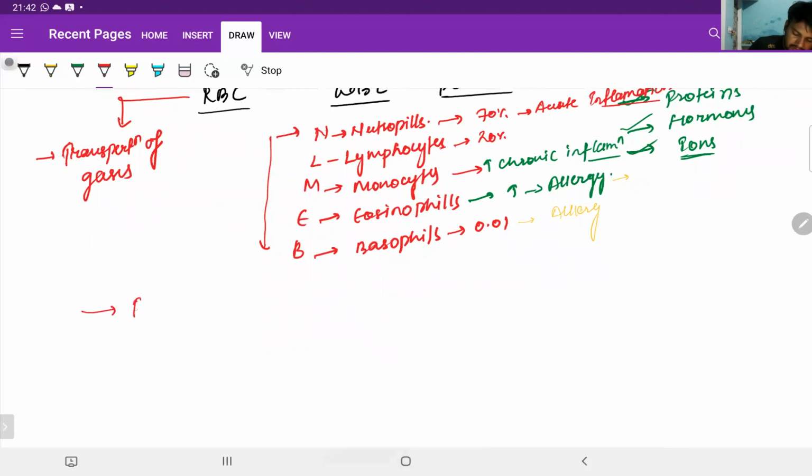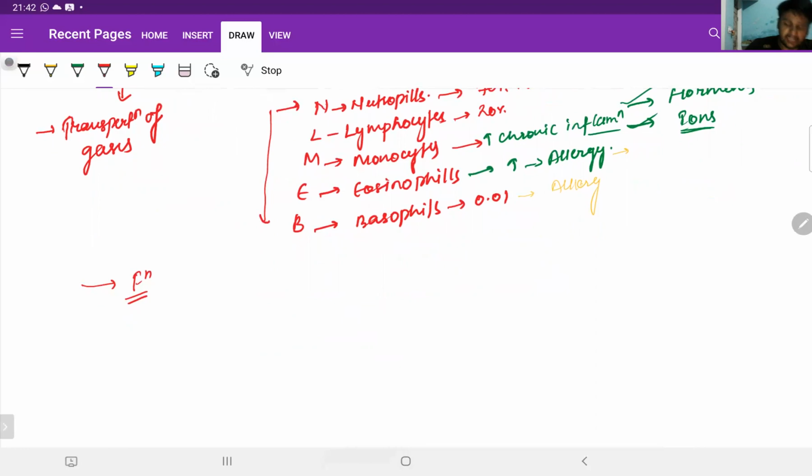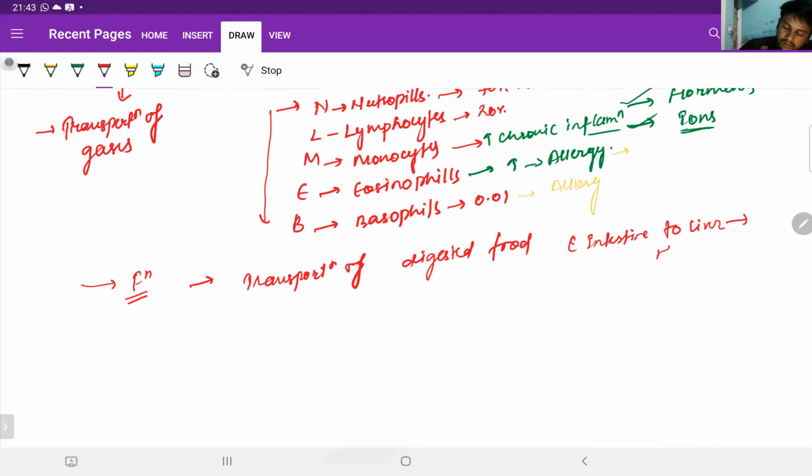Along with that, other functions can be attributed to this blood connective tissue, like transportation of digested food. Digested food is transported from the intestine to the liver to the heart to other parts.